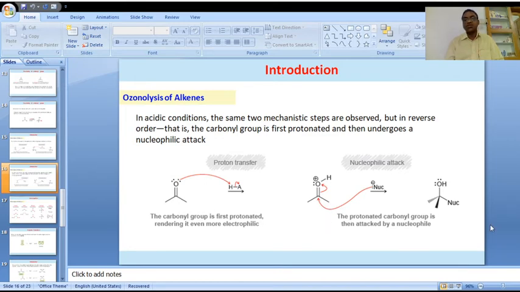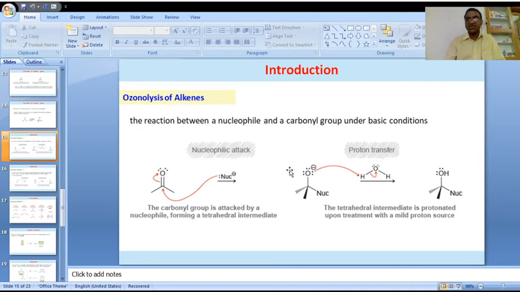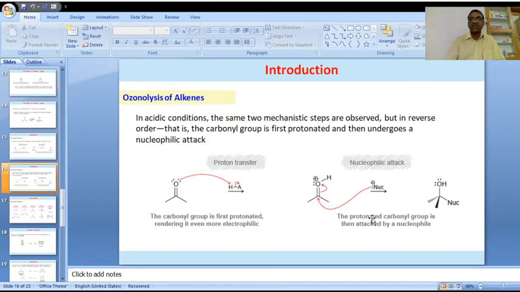Here the first step is called the proton transfer step. Under acidic condition it is the first step, but in basic condition we observed this proton transfer step is the second step. It is a reverse order.